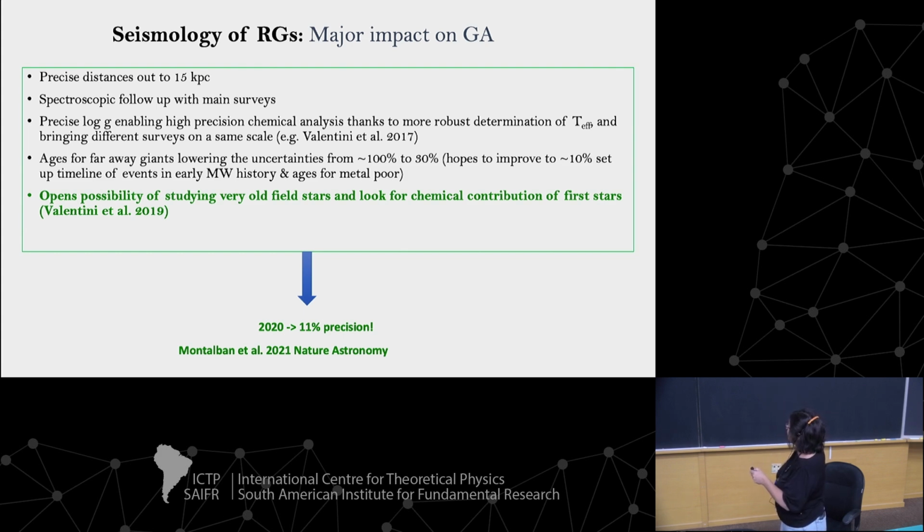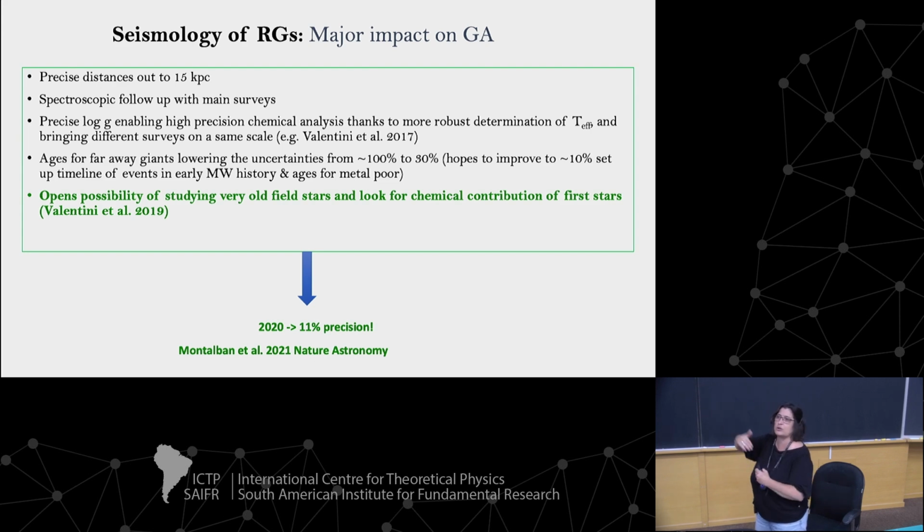And then you finally can get ages for giants, and you lower your uncertainty in ages from giants, which is essentially 100%, because it's not possible to get isochrone ages from giants, because the isochrones all go together in the giant branch, so you cannot tell the age of the star. The isochrones diverge when you go to the main sequence turn-off, as I'm sure Sydney covered. At the main sequence turn-off and the subgiants, there you can have isochrone ages. But in the giants, not.